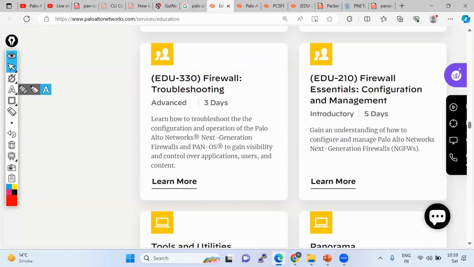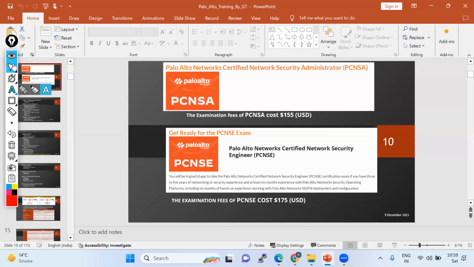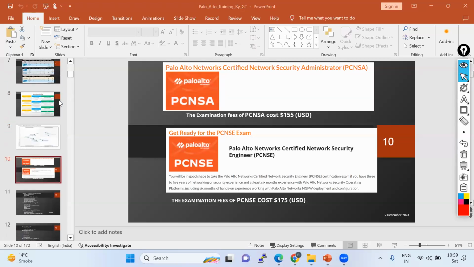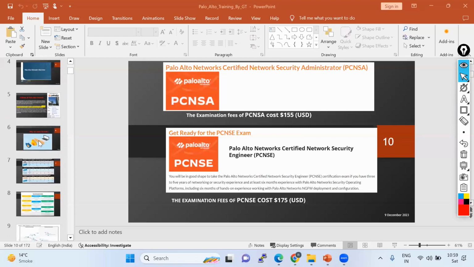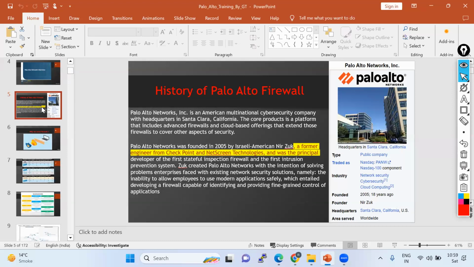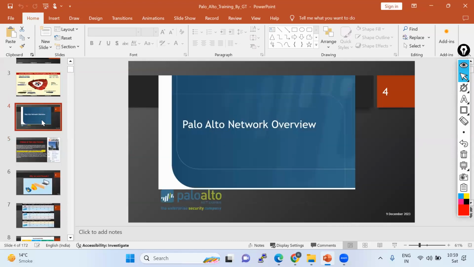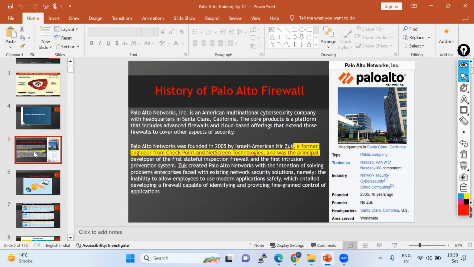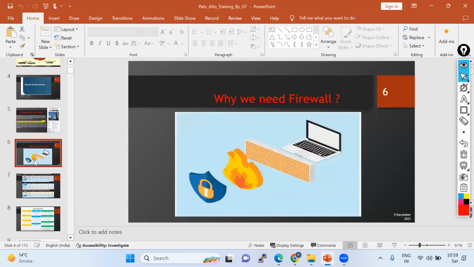So I believe this is the introduction session for today. I'm not going to discuss it much, but tomorrow when we connect, we'll discuss why we need a firewall. We'll talk about the history of the Palo Alto firewall, and how this firewall is going to protect our network.